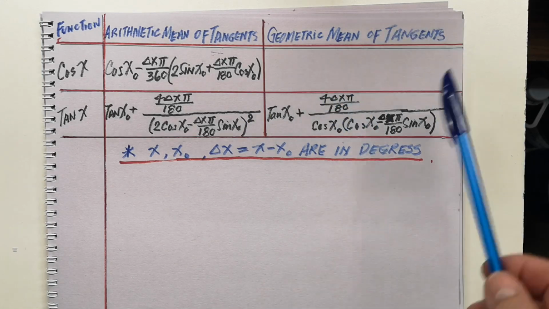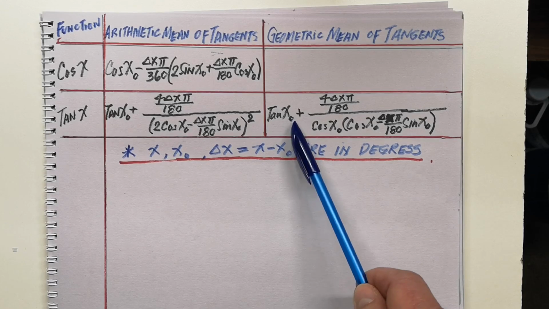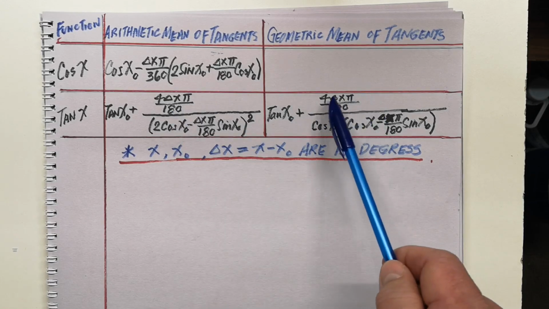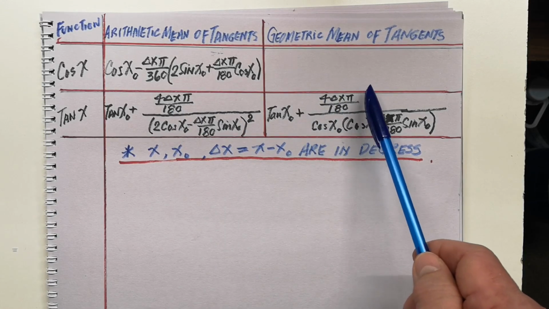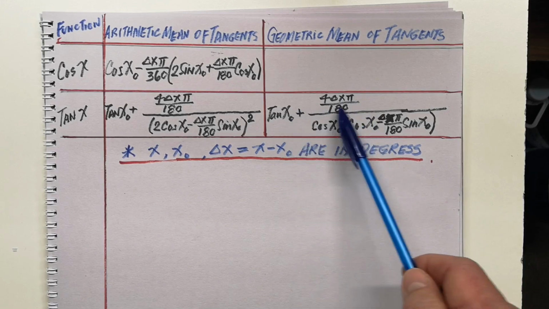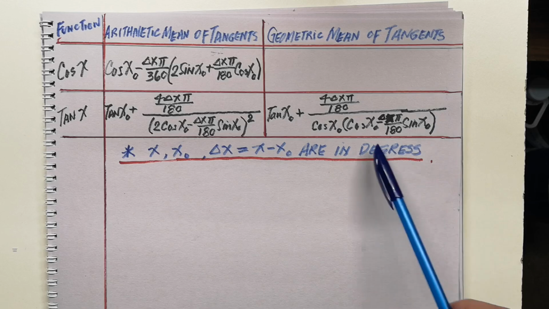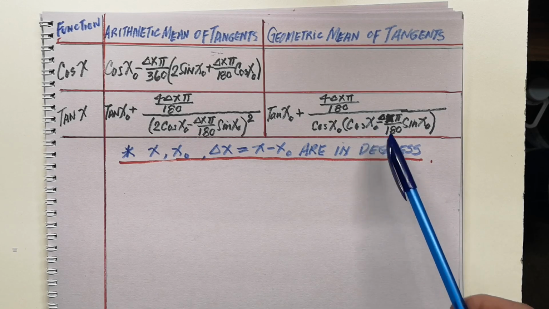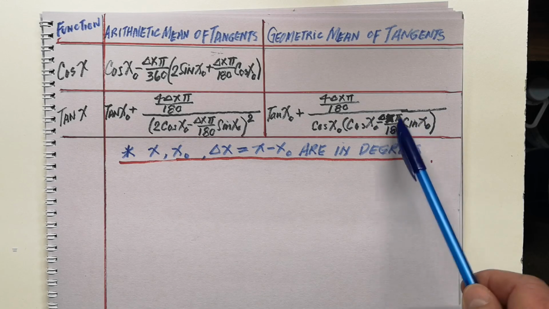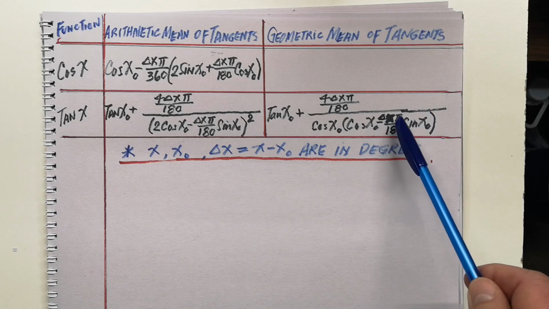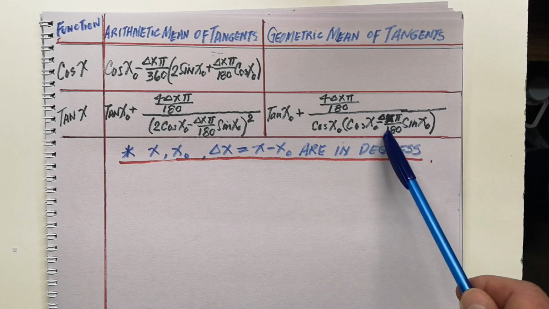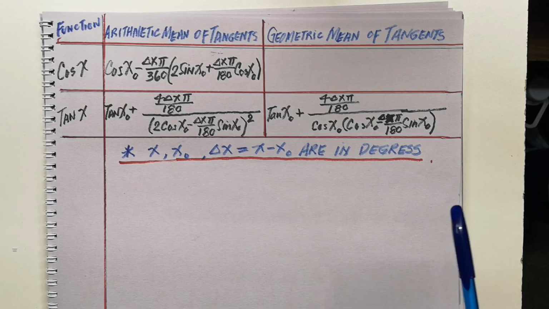And for the geometric mean, tangent x sub 0 plus, almost similar, 4 delta x times pi divided by 180, divided by cosine x sub 0 multiplied by the quantity cosine x sub 0 minus delta x pi over 180 sine x sub 0.